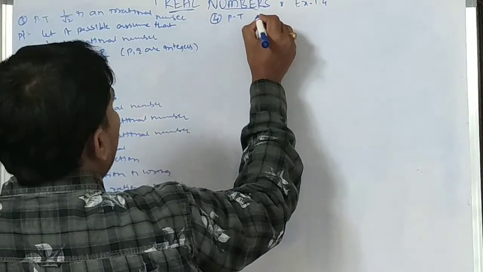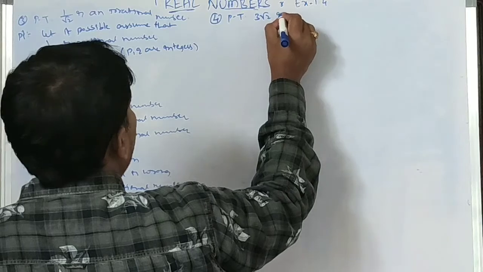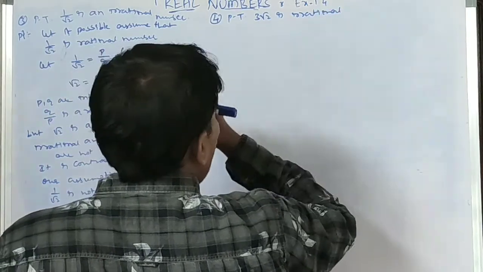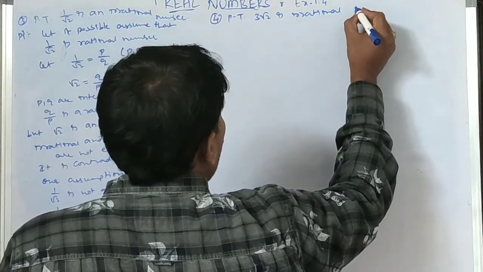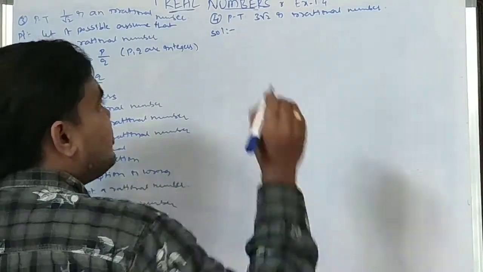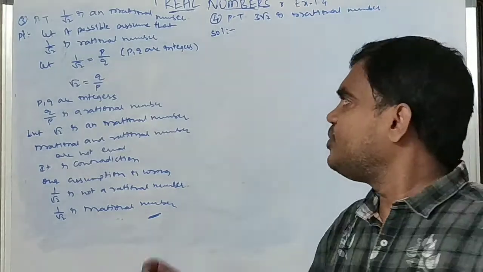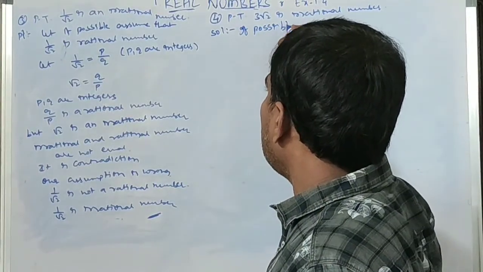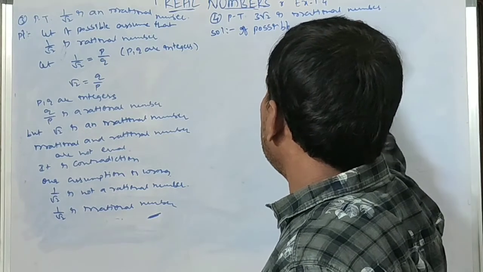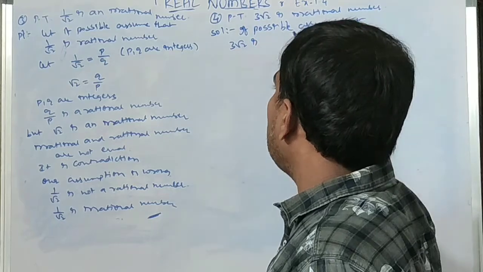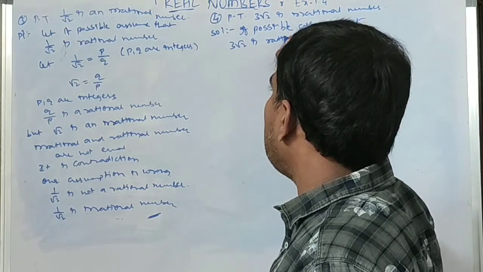Prove that 3 root 2 is an irrational number. Similar to this one. Solution: same, if possible, assume that 3 root 2 is a rational number.